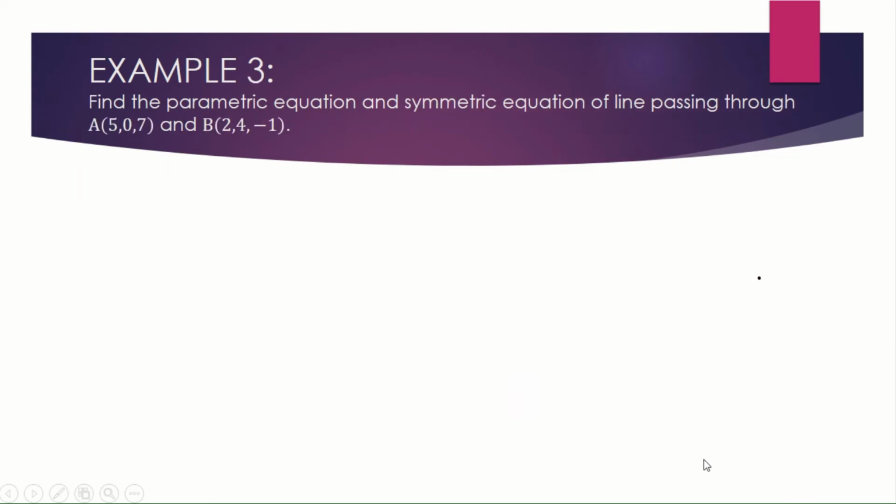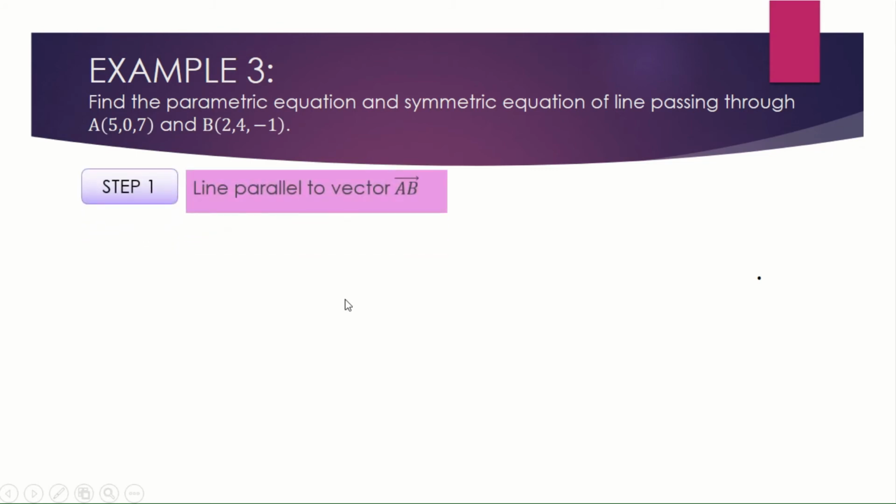Now we want to find the parametric equation and symmetric equation of a line passing through two points. In this question, we only give you two points, but we don't have the vector parallel to the line. So we need to find vector AB, which is parallel to the line.